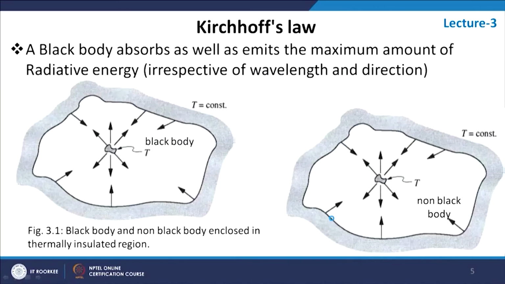On the left hand side there is an enclosure where we have a black body, and on the right hand side there is an isothermal enclosure where we have a non-black body. When left for a sufficient amount of time, the black body and the non-black body will be in thermal equilibrium with the enclosure. That means the temperature will be more or less equal to the temperature of the enclosure.